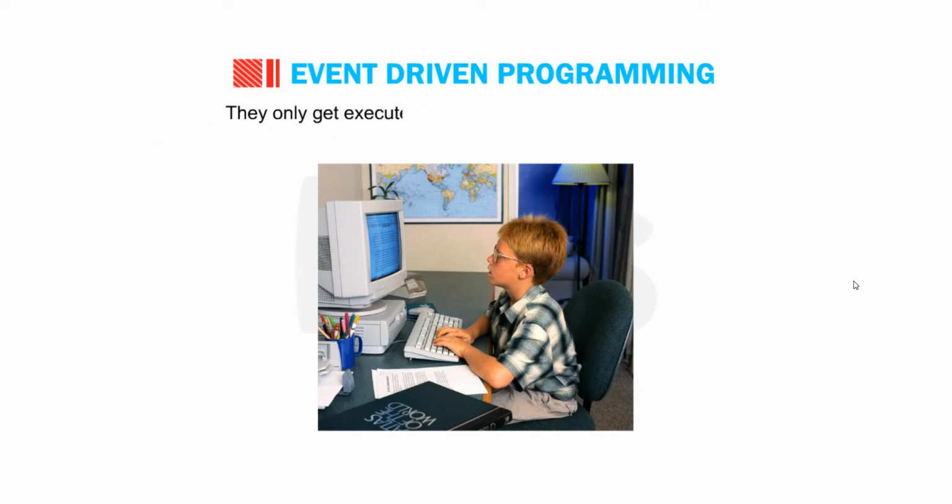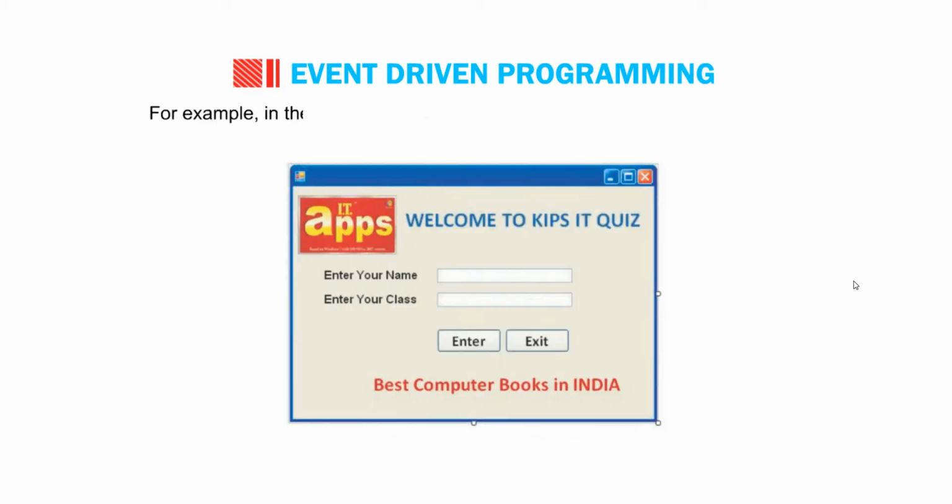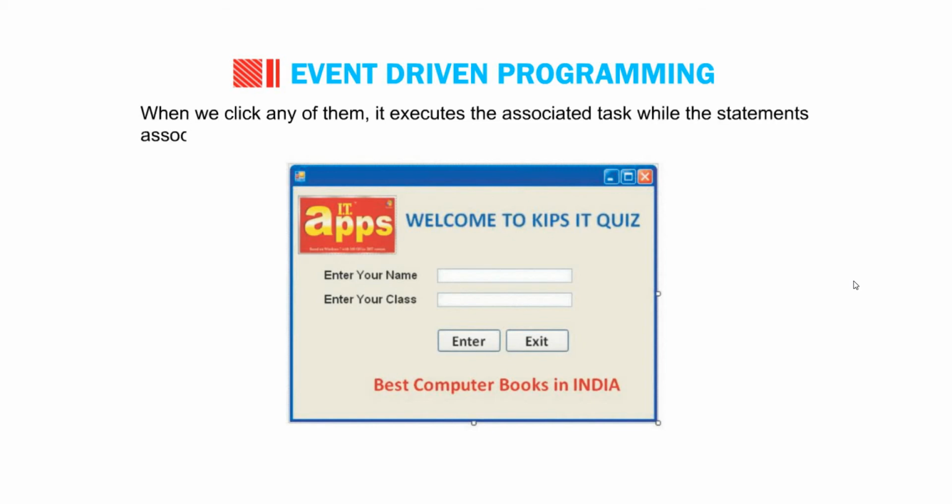They only get executed when a corresponding event occurs. For example, in the given scenario, clicking the Enter and Exit buttons are two different events. When we click any of them, it executes the associated task while the statements associated with the other button play no role.